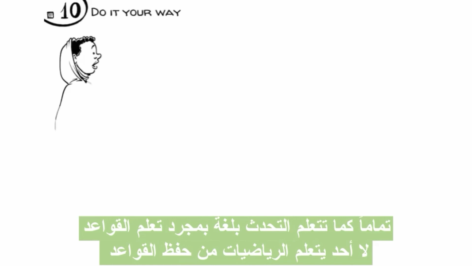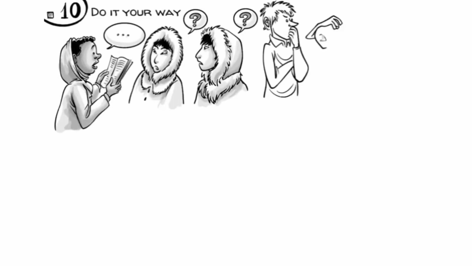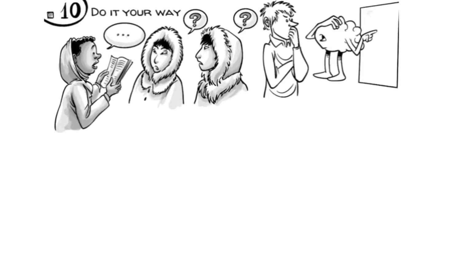One way to solve this is to do it your way. Just like nobody ever learned to speak a language just by learning the rules of grammar, nobody learns math by memorizing the rules of how to arrange numbers and symbols in order to find the right answer to a problem.